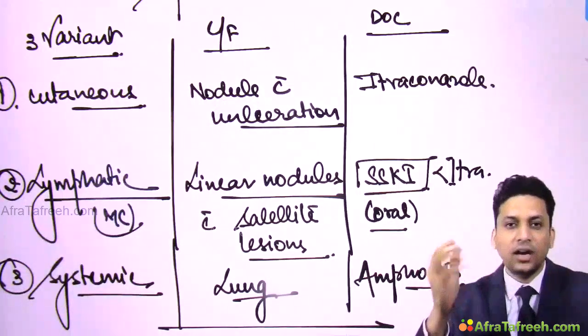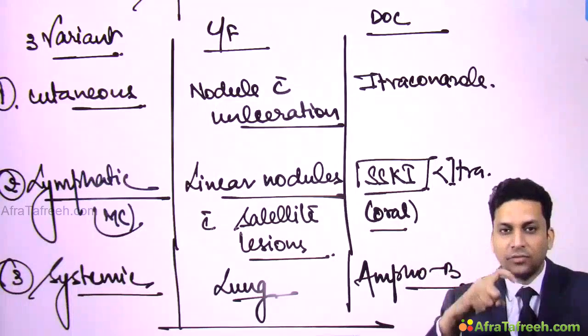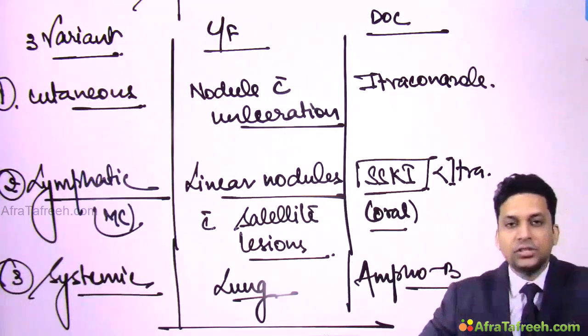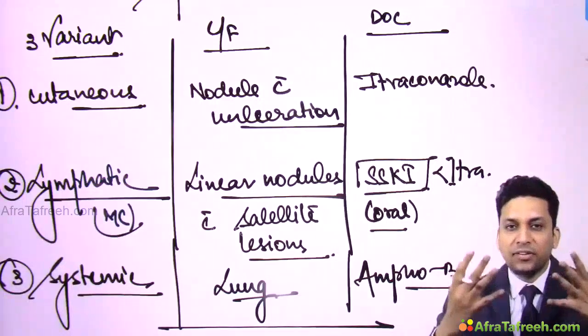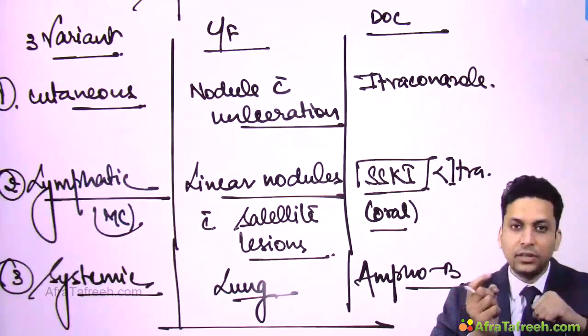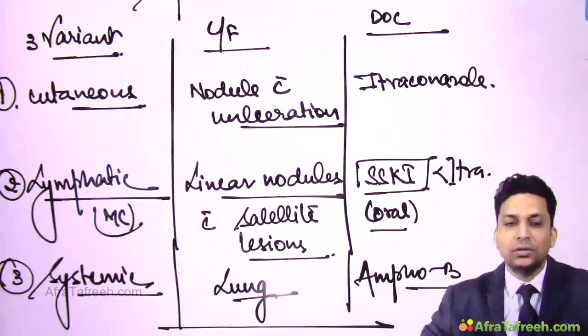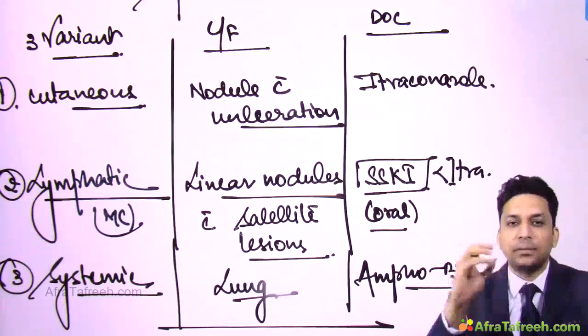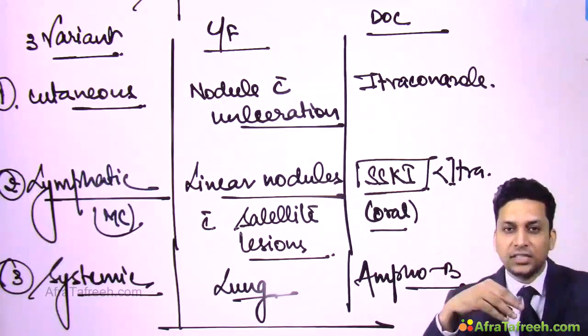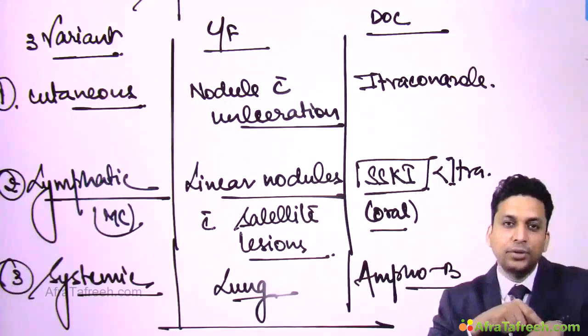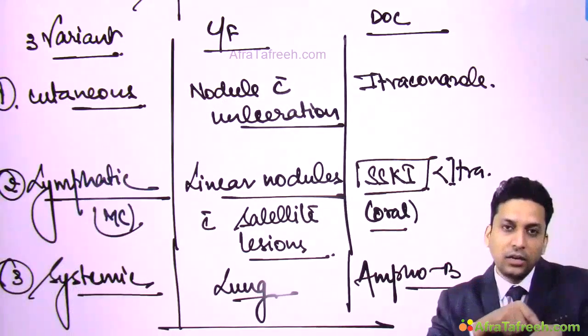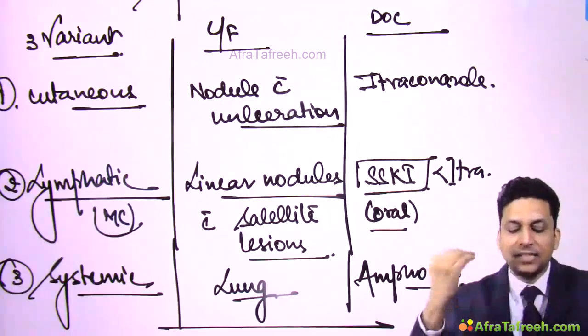So this is very common in gardeners and florists, and at the site of rose thorn prick, these lesions start developing. Generally they develop over exposed parts. So let us consider if the inoculation occurs here, a nodule will be formed here. This first nodule is known as the cutaneous variant, but many a times this agent enters the lymphatic system and along the proximal lymphatics it produces multiple nodules. So if you get a linear row of nodules along lymphatics, that is the lymphatic variant.